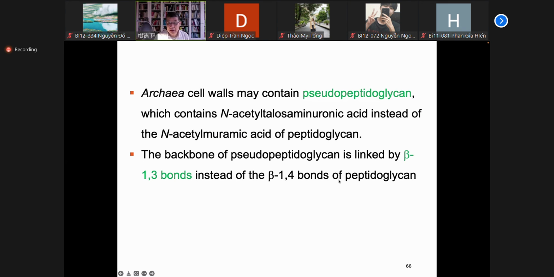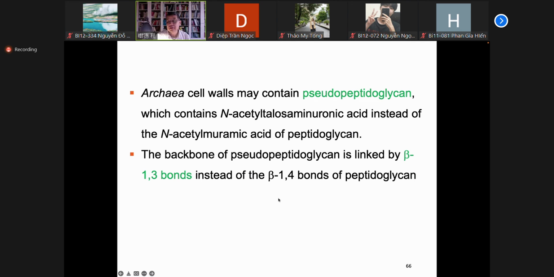So it is called a pseudopeptidoglycan. Pseudo means false peptidoglycan, because it is not muramic acid, it's N-acetyl-talosamine-muramic acid. That's a different kind of sugar instead of N-acetyl-muramic acid. Also, its linkage is beta-1,3 instead of beta-1,4.